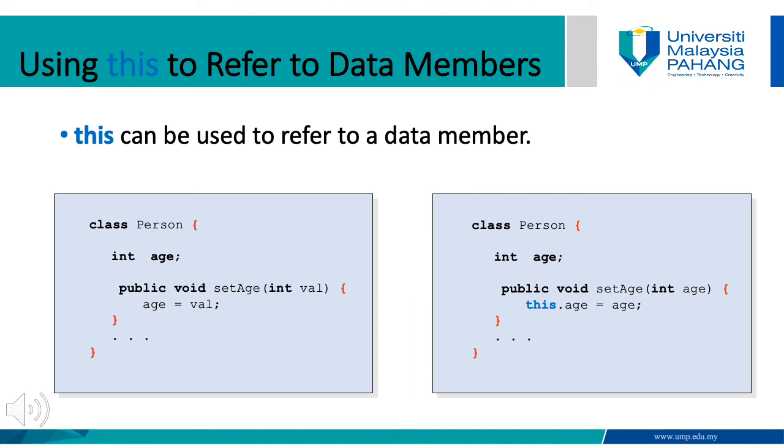The age that you are referring to here is the integer age that you set as the parameter in the first line, the public void line. I hope you understand. So the age in the statement this.age = age is the value referred to in the setAge parameter, integer age.